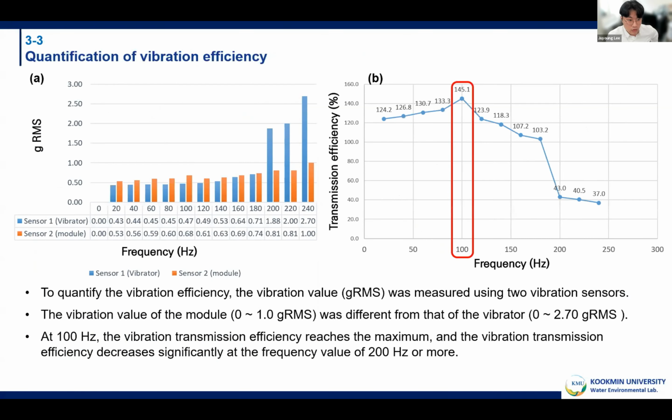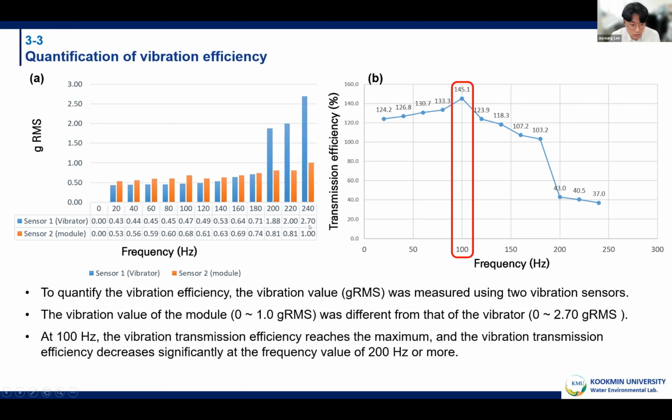To quantify the vibration efficiency, the vibration value was measured using two vibration sensors. One sensor was attached to the vibrator and the other one was attached to the module. The ratio of these measurement results indicates the transmission efficiency. When the frequency changes from 0 to 240 Hz, the vibration value of the vibrator ranges from 0 to 2.7 GRMS.